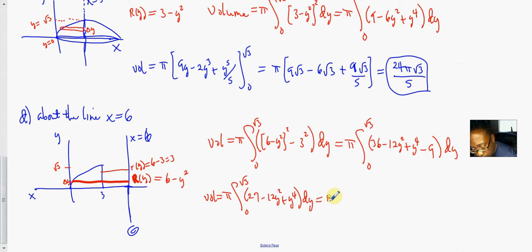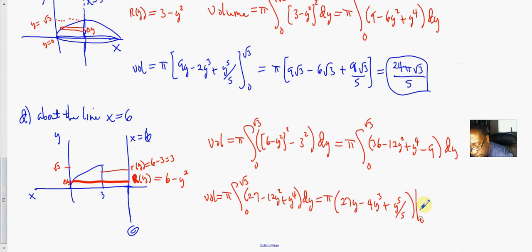Now we integrate, and we do not hesitate. So this is 27y minus 12y to the 3rd divided by 3. 12 divided by 3 is 4. So minus 4y to the 3rd plus y to the 5th all over 5.